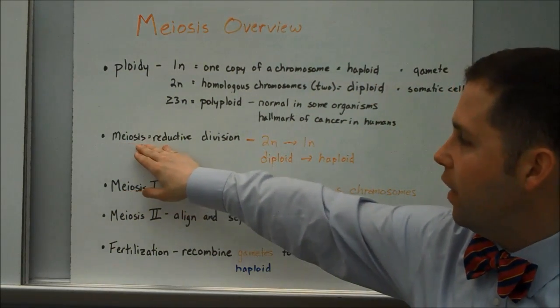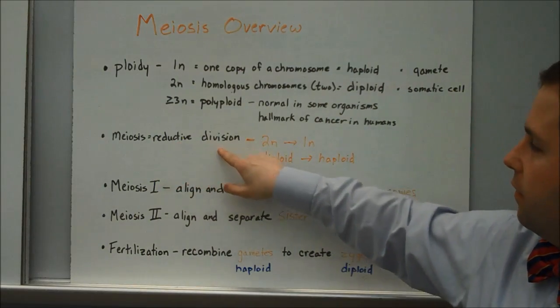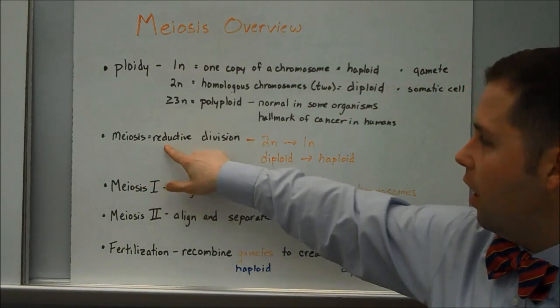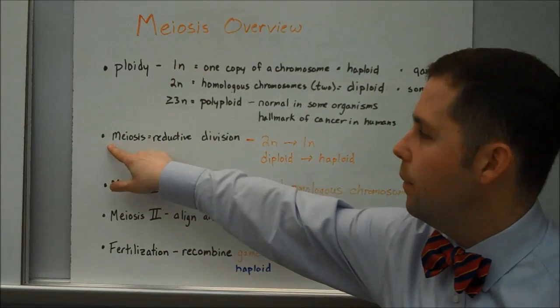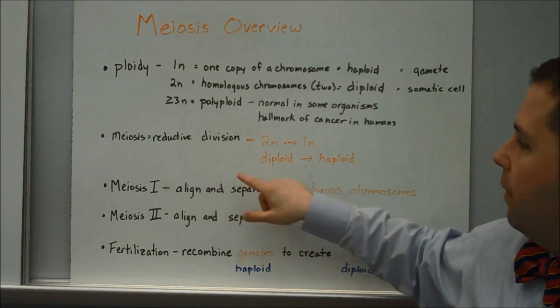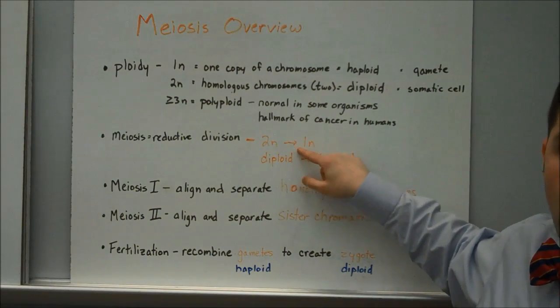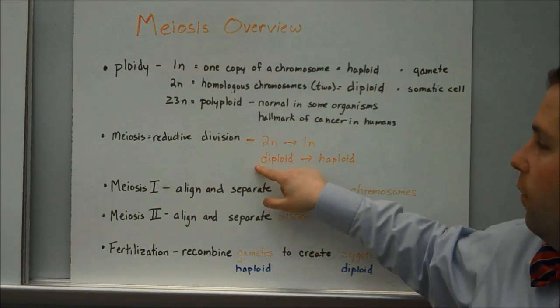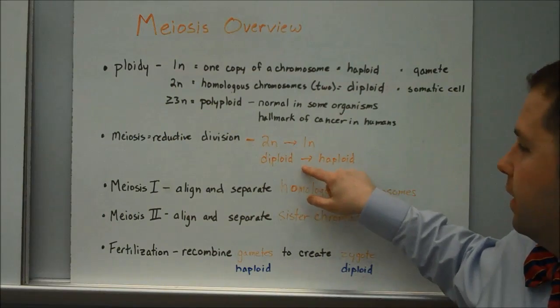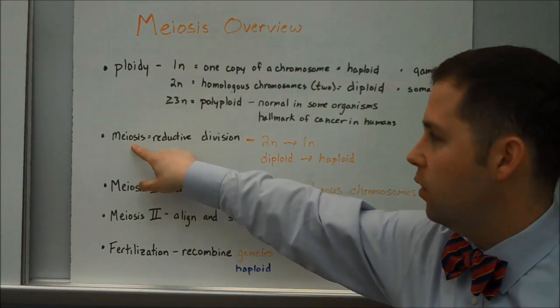We're going to call meiosis reductive division. And the reason we call it reductive division, and the thing I want you to remember about meiosis, is that meiosis takes a cell that's 2N and makes it 1N. So we're going to go from diploid to haploid whenever we go through meiosis.